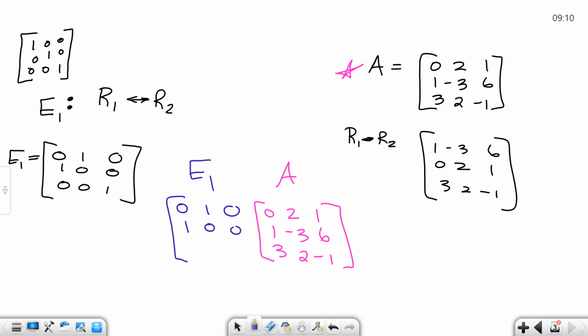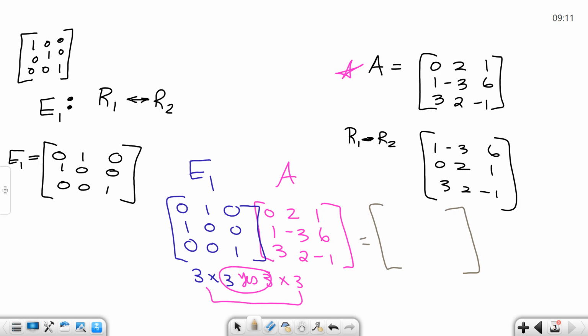That doesn't take too long because I've got zeros and ones, right? We're going to multiply these two matrices together. This is a 3 by 3 matrix, and this is also a 3 by 3 matrix, so I'm allowed to multiply them. And my result will also be a 3 by 3 matrix.